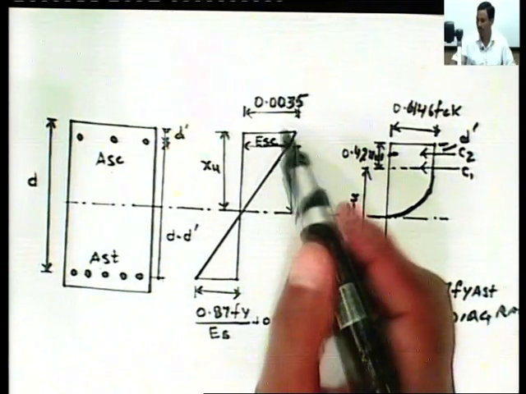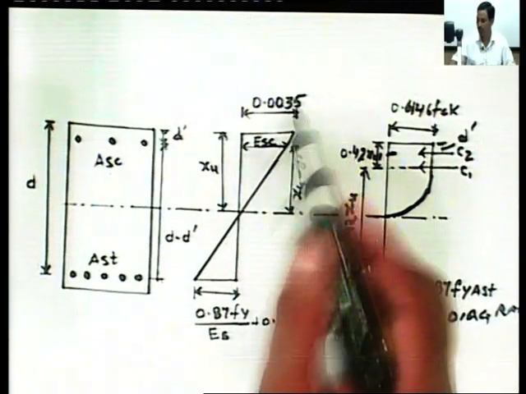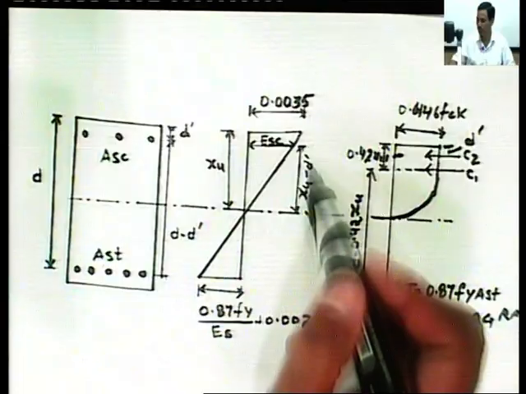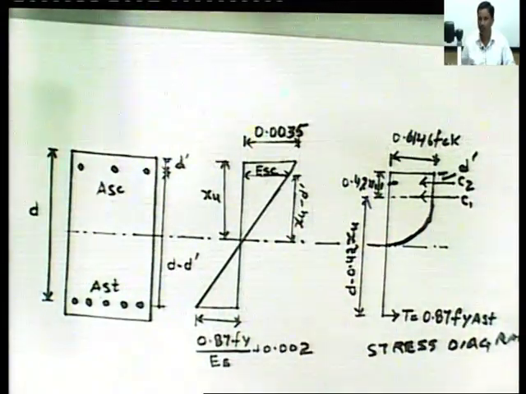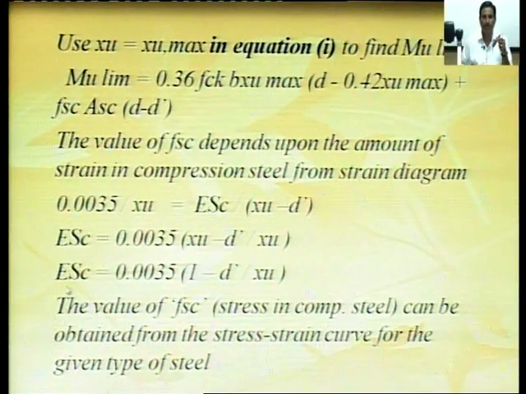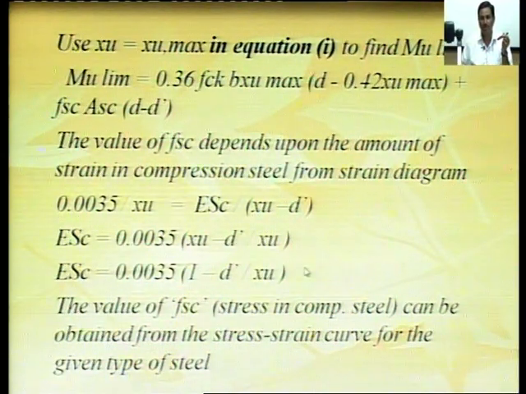From these similar triangles, we get 0.0035 divided by xu is equal to Esc divided by (xu minus d dash). From this we can calculate the value of Esc, and the value of Fsc, the stress in compression steel, can be obtained from the stress strain curve for the given type of steel.